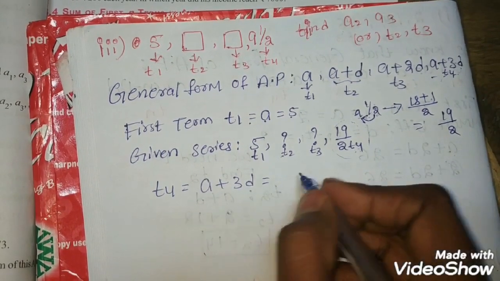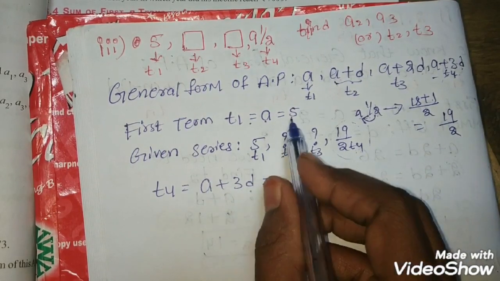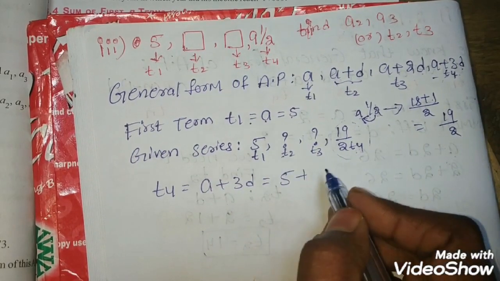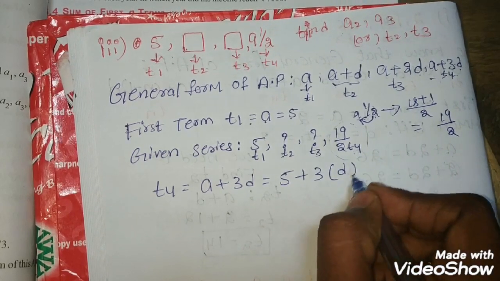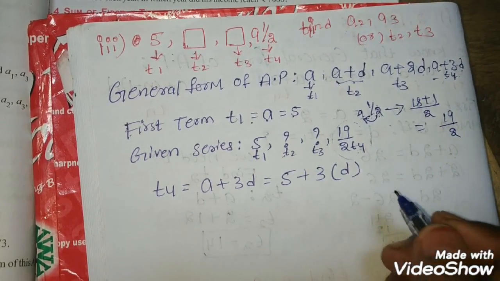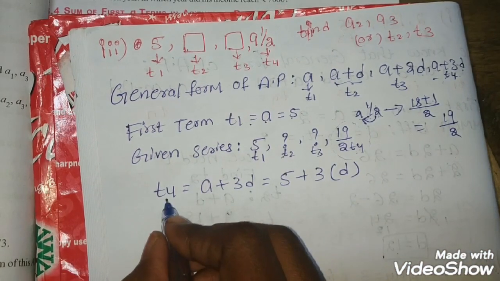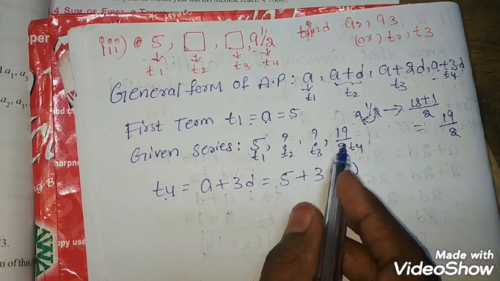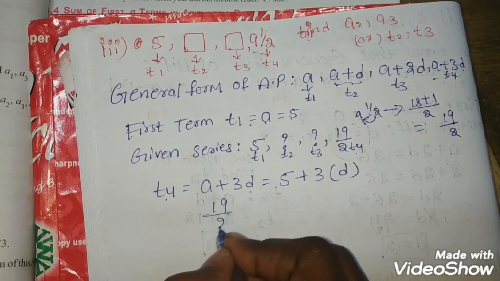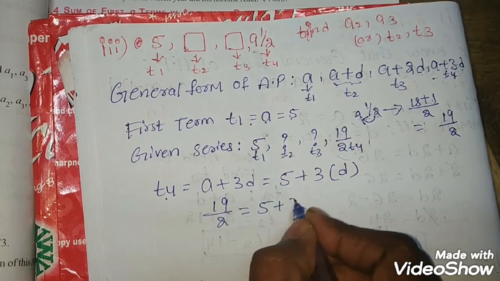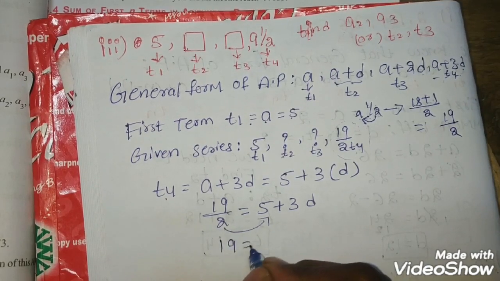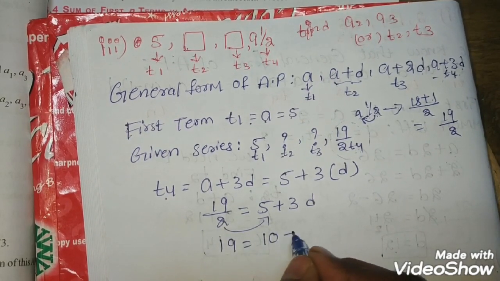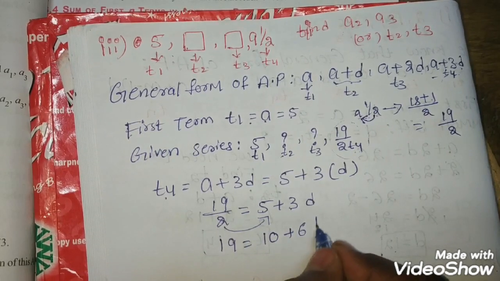That is equal to, what is A? That is 5 plus 3 into d. We need to find d. What is term 4 here? Term 4 is 19 by 2, which is equal to 5 plus 3d. Multiply 2 to both sides. 19 is equal to 5 2s are 10 plus 2 3s are 6d.